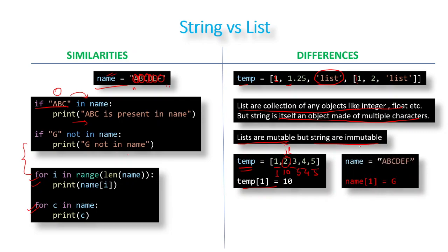But you can't do the same with a string. Suppose you have this string with indexes 0 1 2 3 4 5, and you want to change a particular index to, say, g, which will be in quotes. You can't, this will give an error. Why? Because names, or strings, are immutable, so you can't change their value.